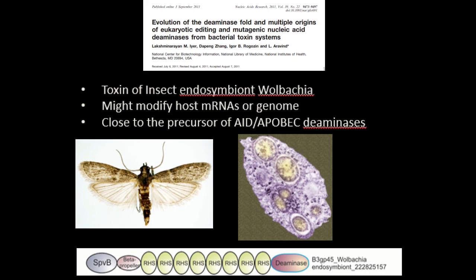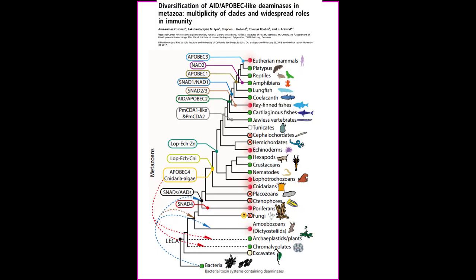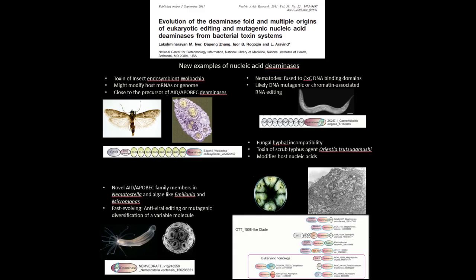So it was through such endosymbiotic bacteria that it was likely that the AID-ApoBec-like deaminases were acquired by eukaryotes on more than one occasion. One in the metazoan lineage, another in the dictyosteliid slime molds, and there are yet other examples amidst the general SAR lineage of eukaryotes.